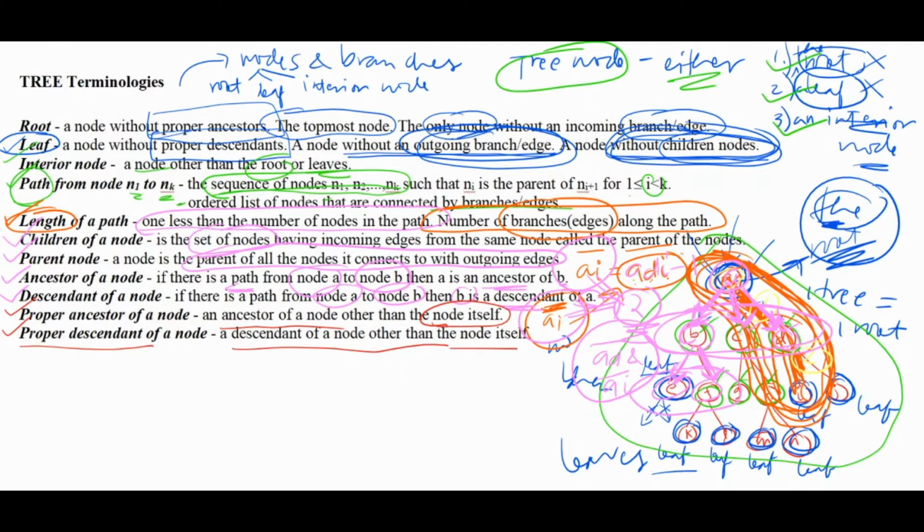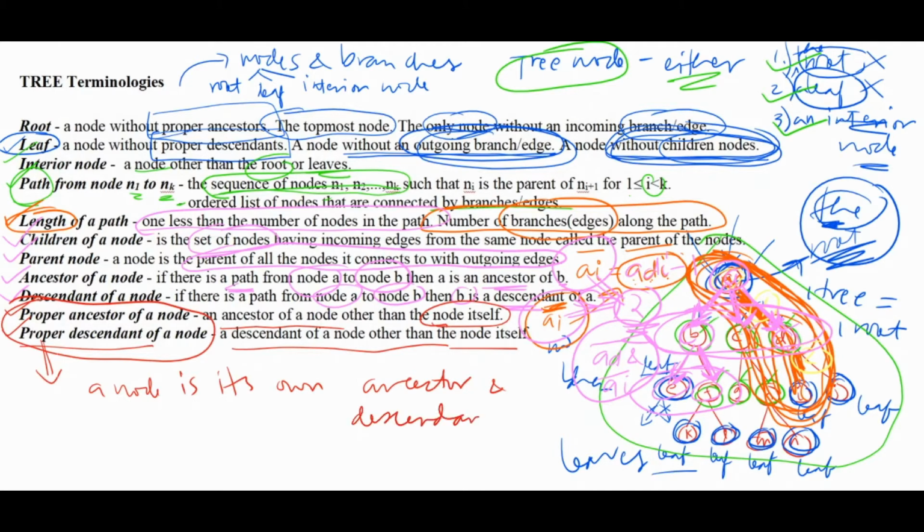So take note from these two terms that it follows that a node is its own ancestor and descendant.